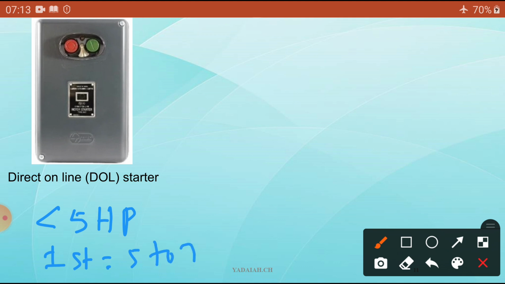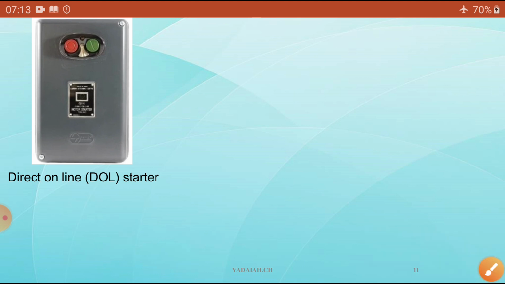It will not burn because low rating motors are designed in such a way that they can withstand this current. The insulation inside, from the manufacturer itself, can bear this current. That's why it is limited to 5 HP motors only. If more than 5 HP, we have to use another type of starter.